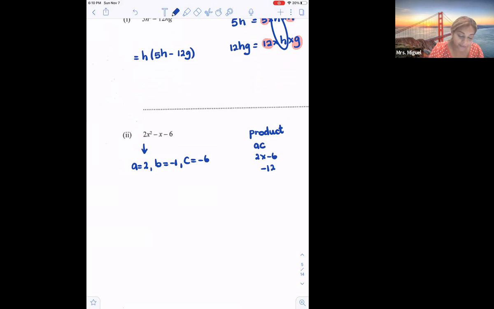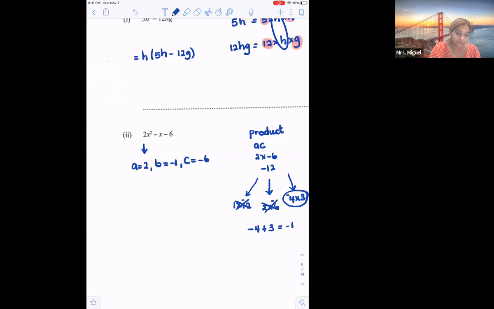So I have to find the factors of -12, which is 1 by 12, 2 by 6, and 4 by 3. But I want to get -1. So it means that the bigger number must be negative. This would not give me 1. This would not give me 1. This will give me 1. So -4 plus 3 will give me -1.